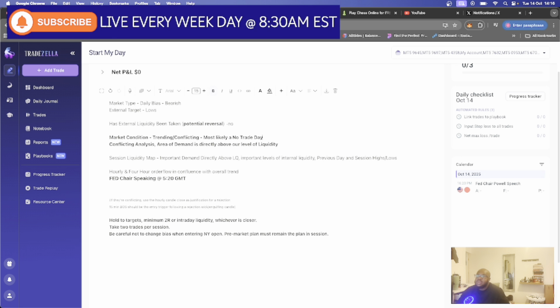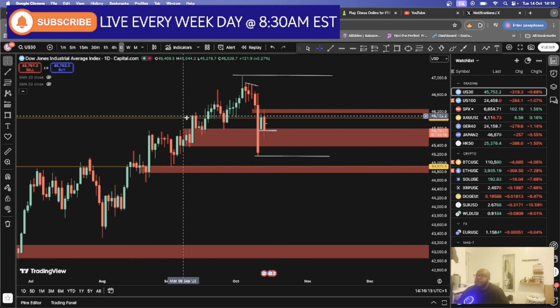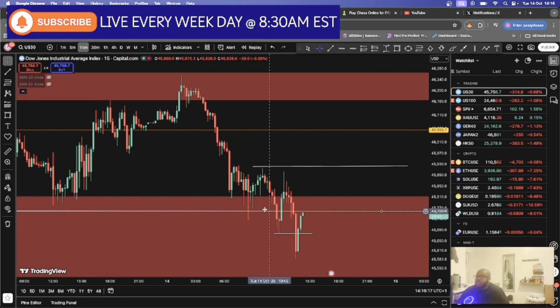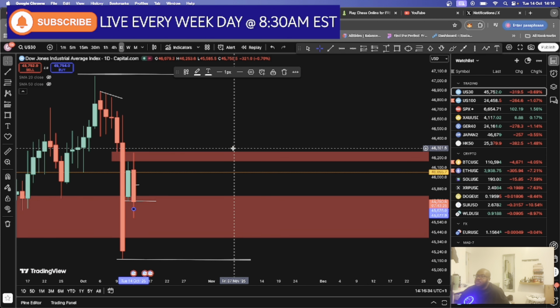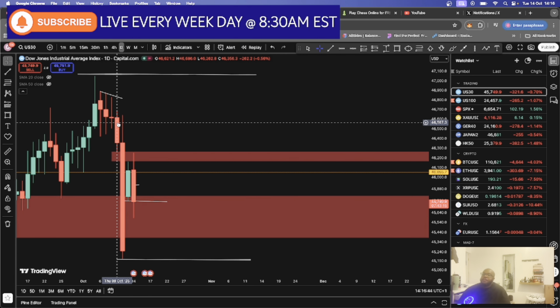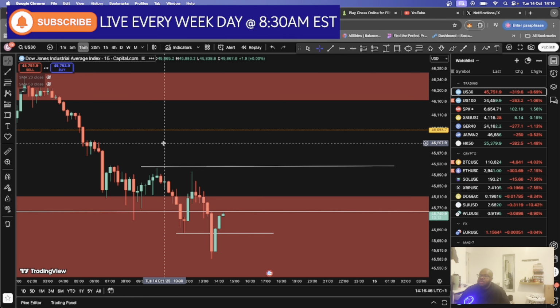That being said, because we are in an area of demand, we can look for positions to try and buy the market up. So what I've done, I've marked out our London session low, which is right here. We swept that, and then we've also got our previous day's lows right here. We swept our London session liquidity.